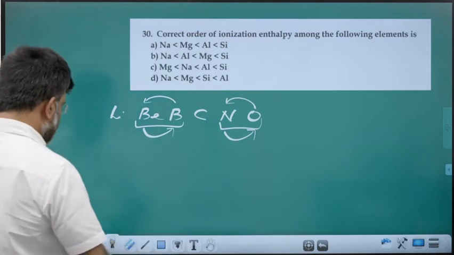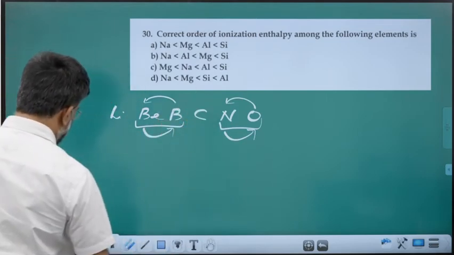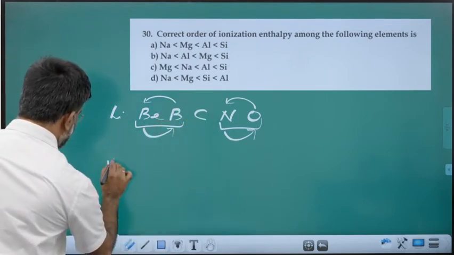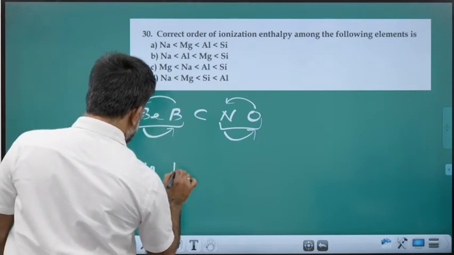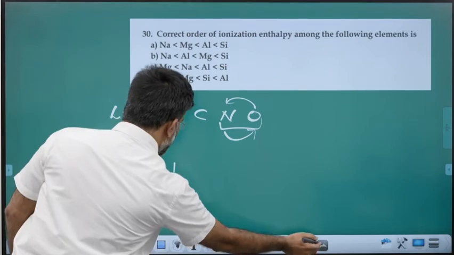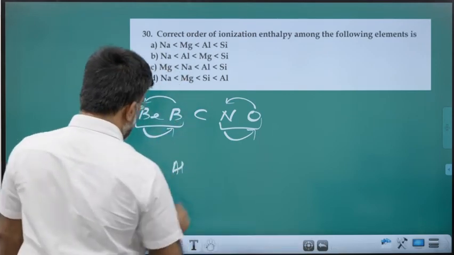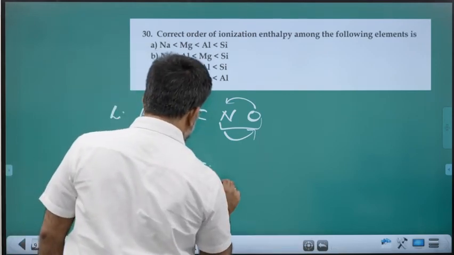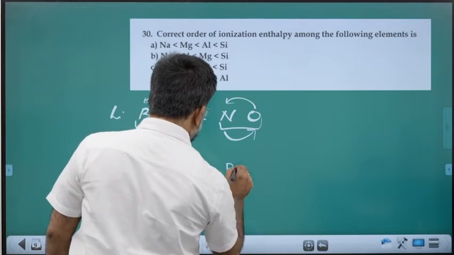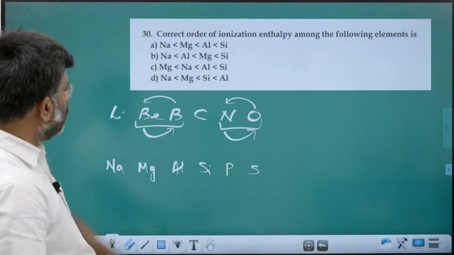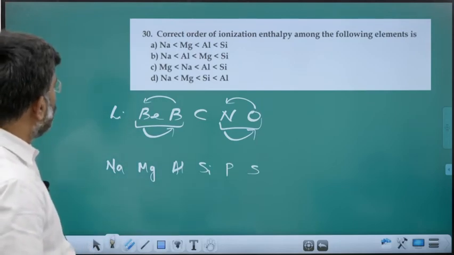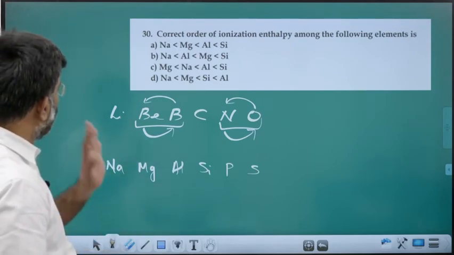Now, check with the next member from the corresponding family: sodium, magnesium, after boron it is aluminium, after carbon it is silicon, nitrogen, phosphorus, oxygen, sulfur. We don't have to go up to sulfur. Only four is enough.